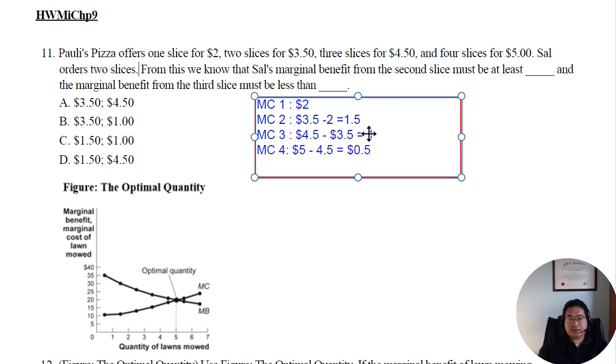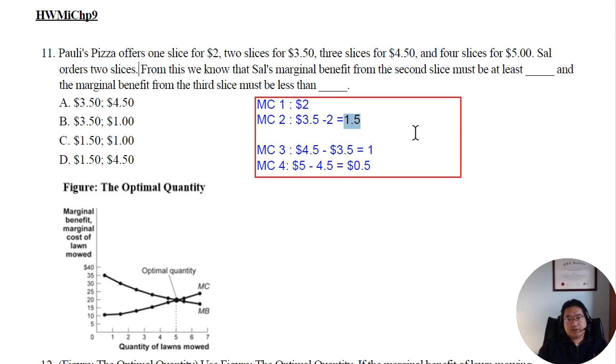Okay, so here is the difference. Now, what's the marginal benefit for the second slice for Sal? It must be higher than $1.50, right? So what we know is basically this marginal cost for the second slice for Sal is less than his marginal benefit for the second slice.